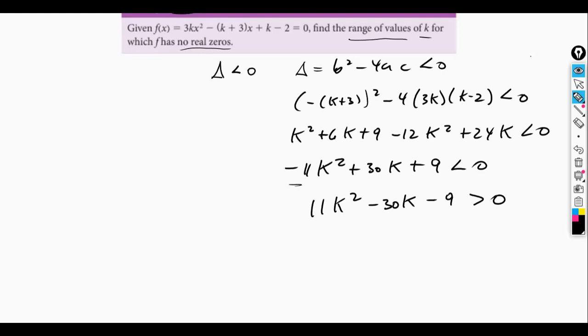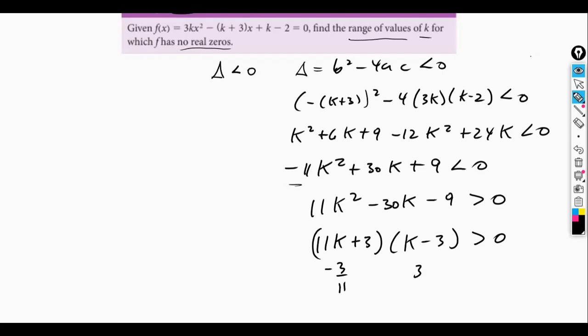And this is factorable. We can factor this. Notice that this is the same as saying 11k plus 3 times k minus 3. This must be greater than 0. So the critical values are going to be minus 3 over 11 and 3.